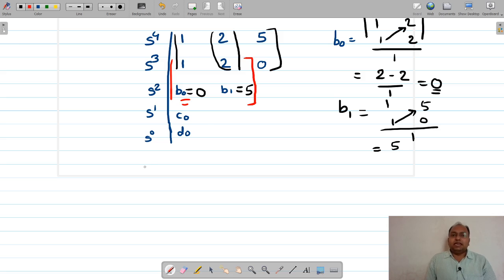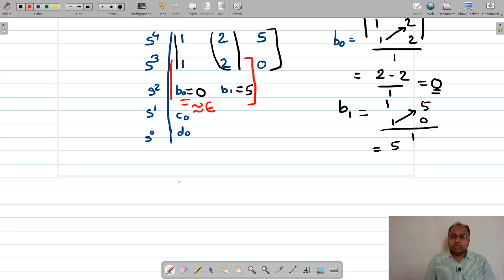But as it is divided by 0, it leads to infinity. So this is one method: we assume epsilon, a very small arbitrary value. Instead of 0, we consider it to have an arbitrary value epsilon, and with respect to that epsilon we carry out the further process.